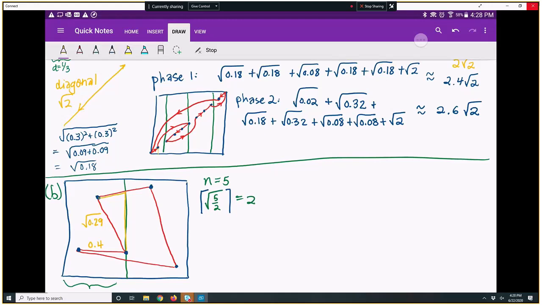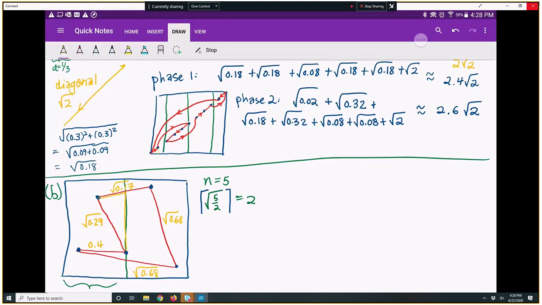This would be square root of 0.29, square root of 0.17, square root of 0.68, and this is also square root of 0.68.